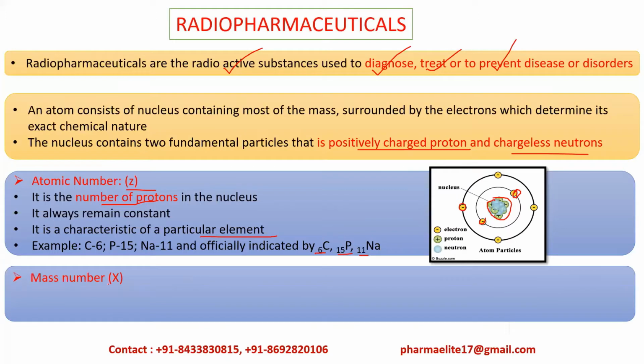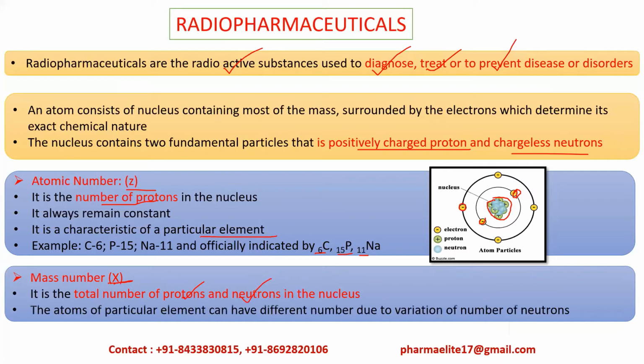Then mass number. Mass number is designated as X. It is the total number of protons and neutrons. Mass number is nothing but the sum of protons plus neutrons present in the nucleus. The atoms of a particular element can have different mass numbers due to the variation in the number of neutrons.